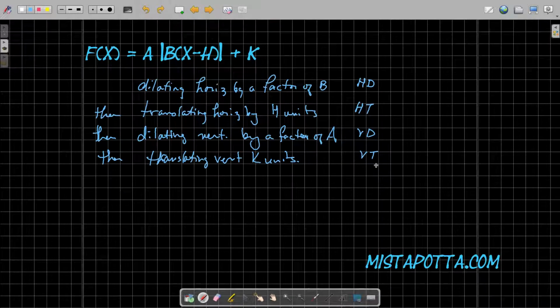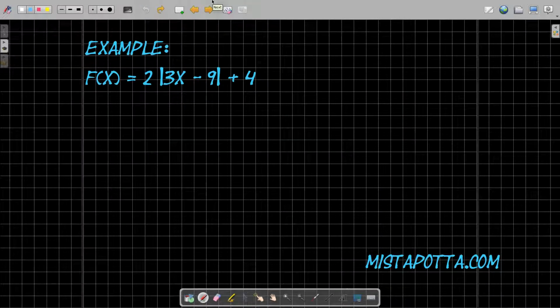So let's do an example of this. I've got f of x equals 2 times the absolute value of 3x minus 9, plus 4. And so when we're dealing with a problem like this, our first step is to identify a, b, h, and k, and also identify what these mean.